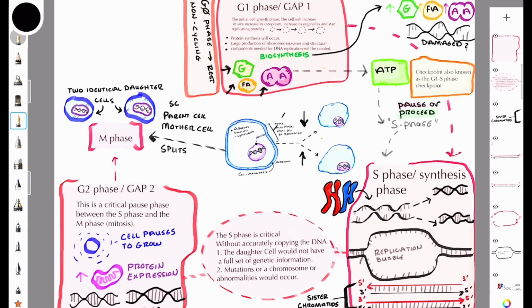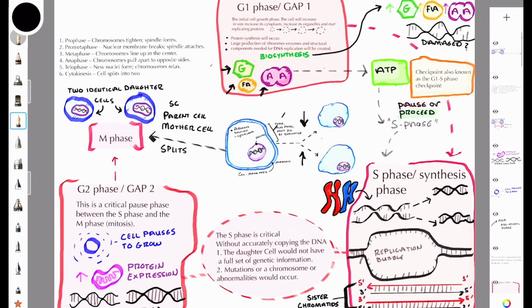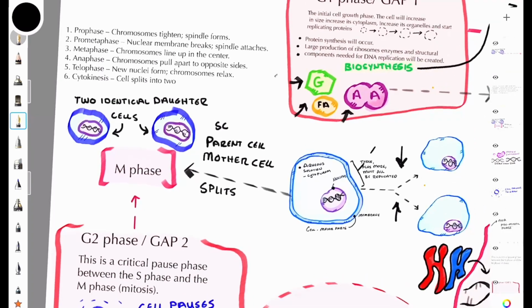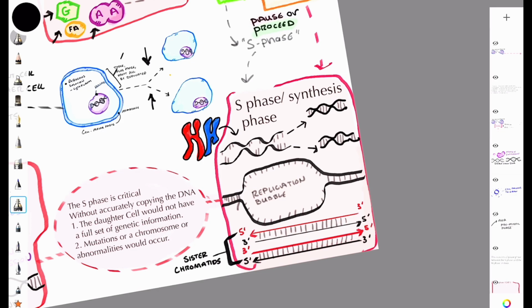And what happens here, we're almost done. Let me just close this out. Now what is going to happen is after that cell splits, it's going to do that splitting through a couple of subphases, and we don't need to worry about what the subphases are. I just put them here, but it's really heavy. And the subphases are basically telling us what is happening to the chromosome, right?